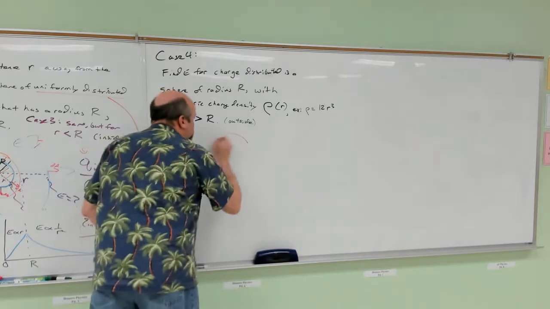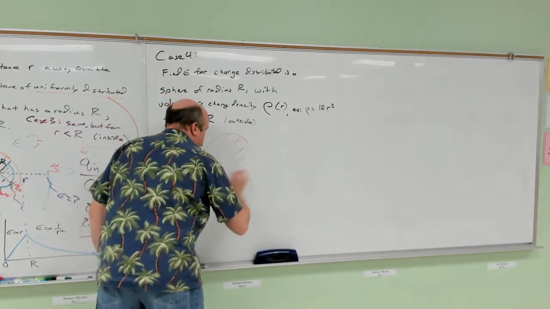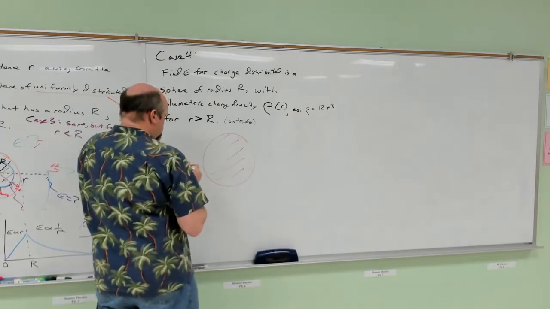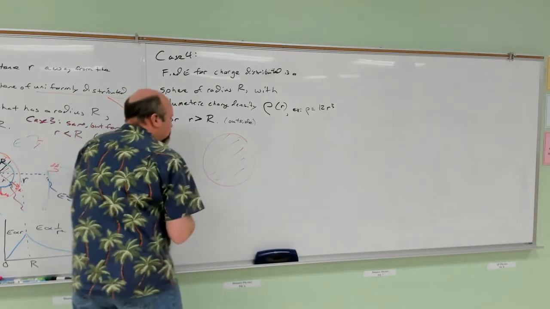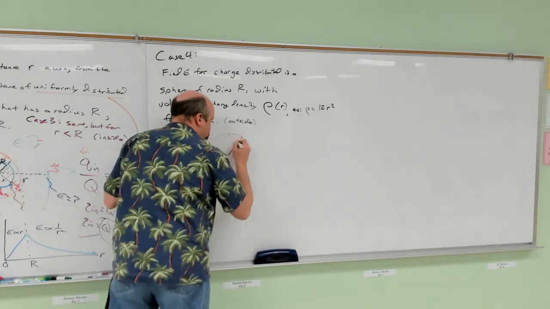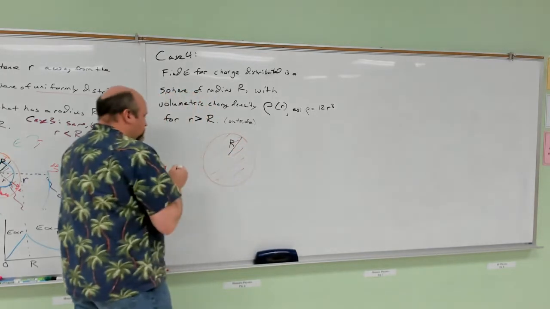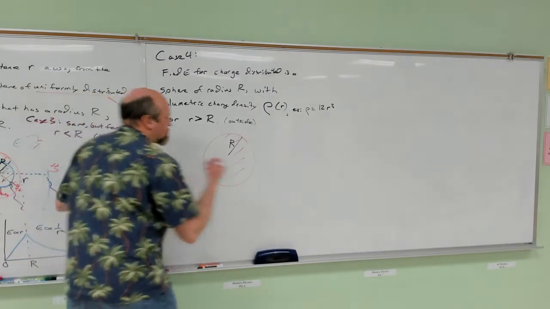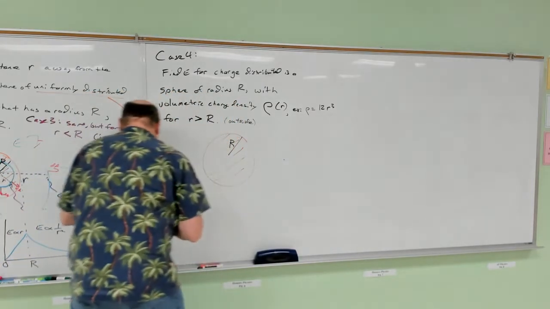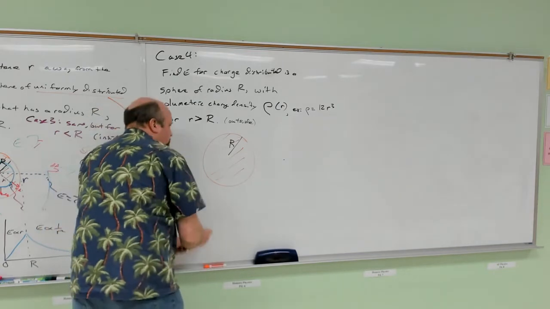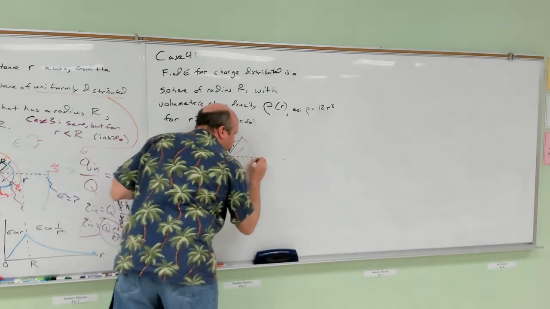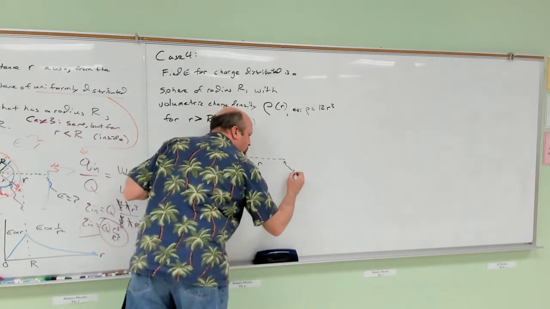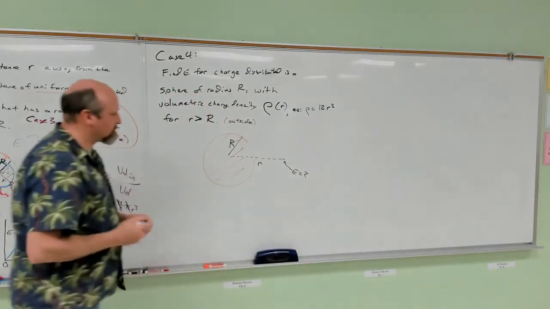You say, well, look, I've got this sphere of charge spread out throughout it, a sphere that has a radius big R. But I want to find the field strength somewhere way outside it, maybe out here somewhere. I'm going to go ahead and draw it like this. That's little r, that distance out there. Right there, let's find that field strength.